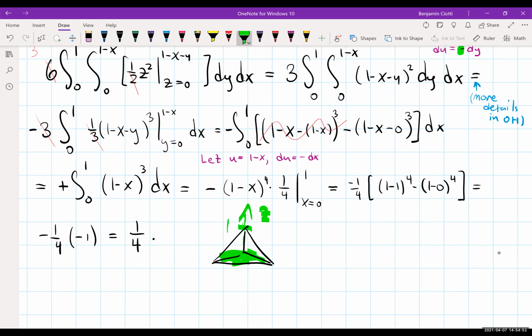So the fact that it has more volume closer to the XY plane should tell you that it should at least be less than a half. So right off the bat, all the answer choices that I gave you, except 1/4 and 1/3, could have been eliminated. And it turned out that it was 1/4.